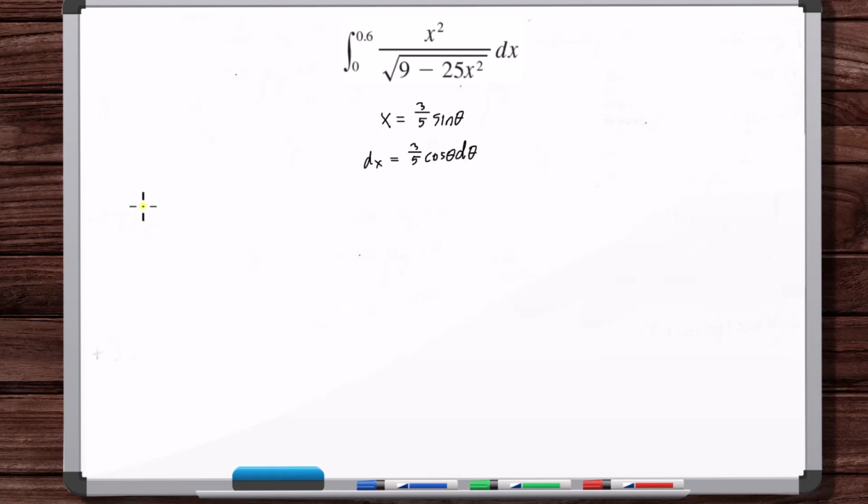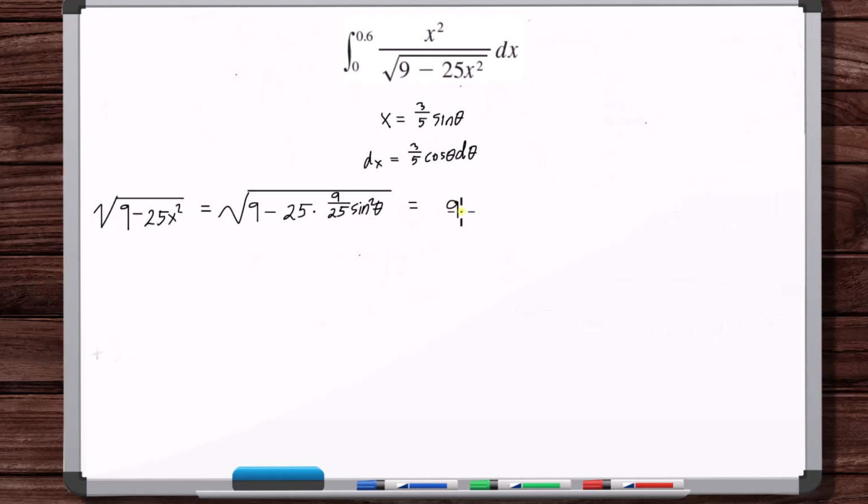Okay, so the point of the trig substitution is that when we plug it in here, it's going to greatly simplify this. So we're going to get 9 minus 25 times 3/5 sine theta squared, which is 9/25 sine squared theta.